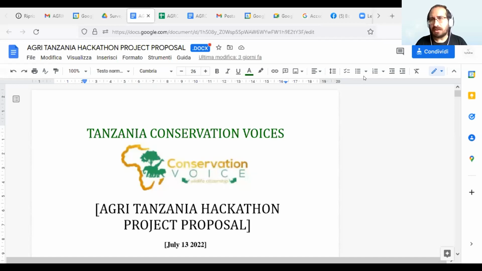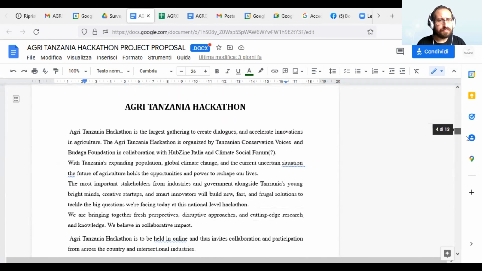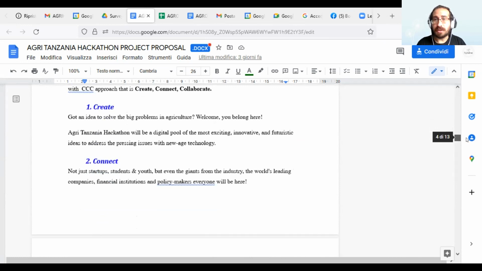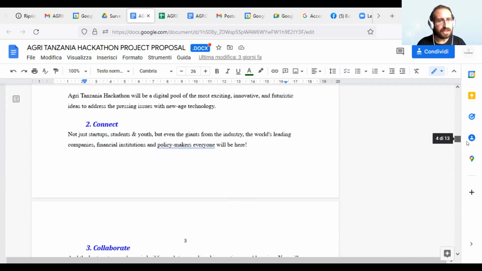AgriHackathon is an initiative that is run by Tanzania Conservation Voices, Hubs in Italia, and Climate Social Forum. New partners are also being added day by day. Among us, we have other friends that are joining the initiative. The idea is to create and connect with social solutions related to agriculture.